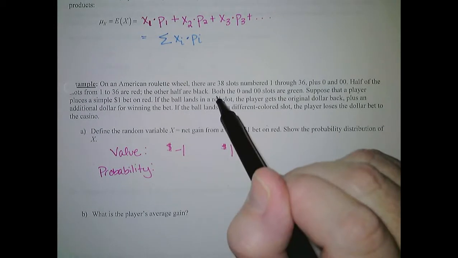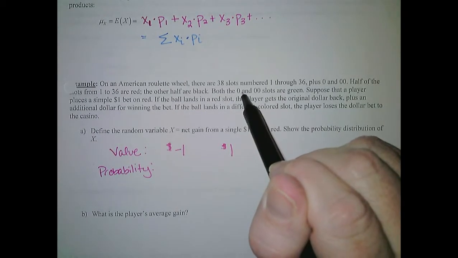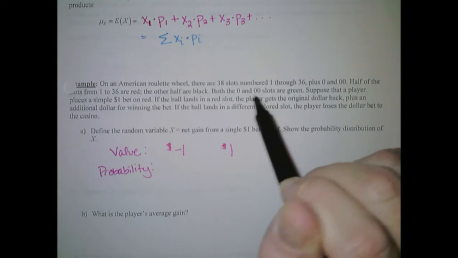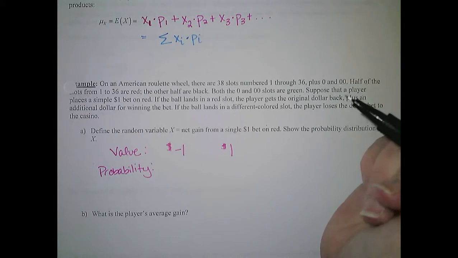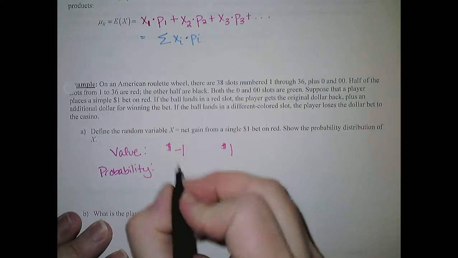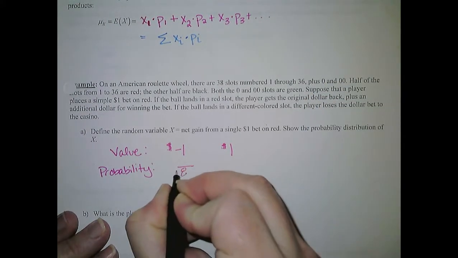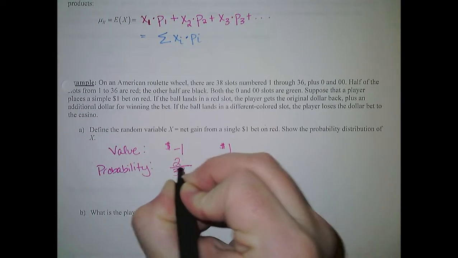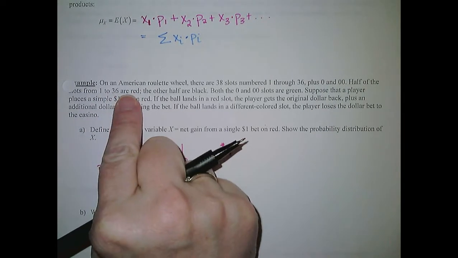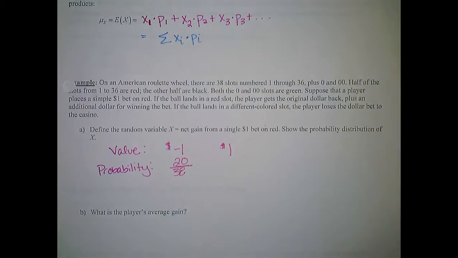But if they land on the 0 or the double 0, they lose too, because those are green, not red. So there are 38 possible slots the player could land on, and 20 of them, the 18 black and the 2 green, result in losing the dollar.